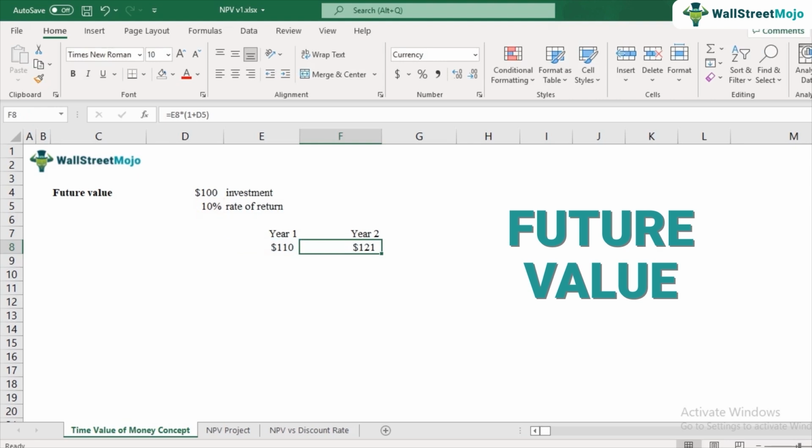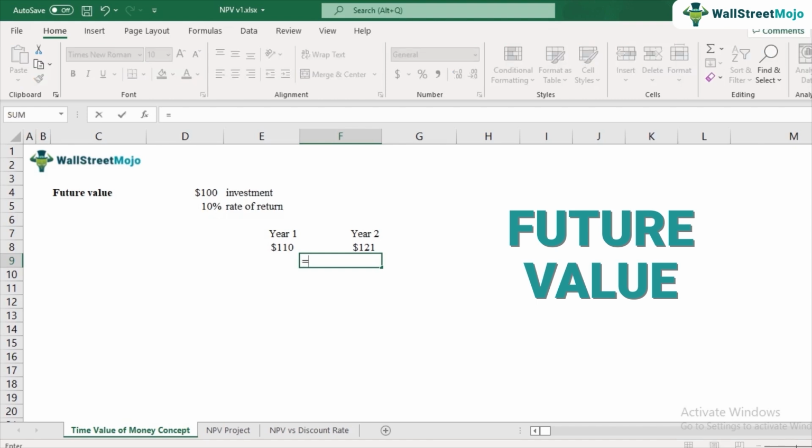This year two formula can also be written in another format, and that's more important. It can be expressed as a part of the original investment multiplied by 1 plus your 10%, right? So the first part will give you the value at the end of the first year, right?